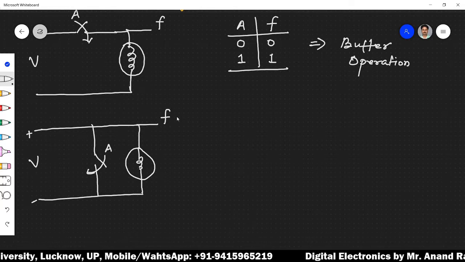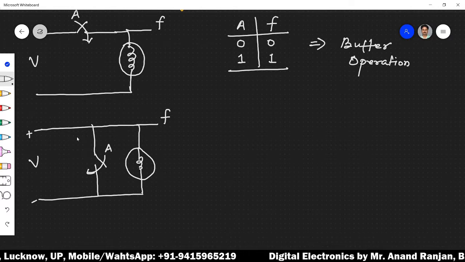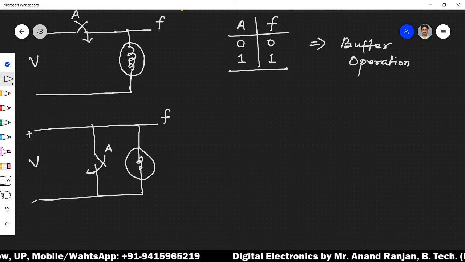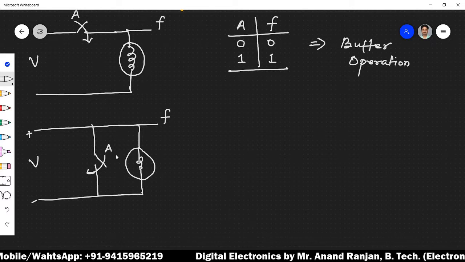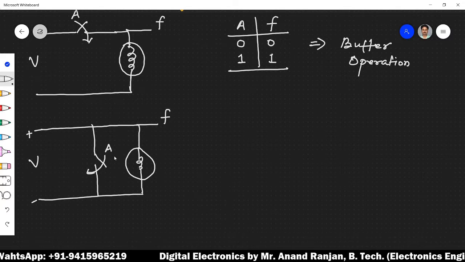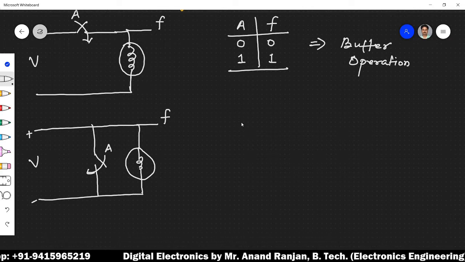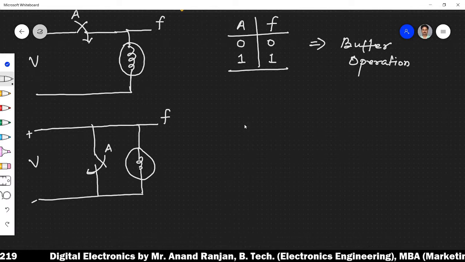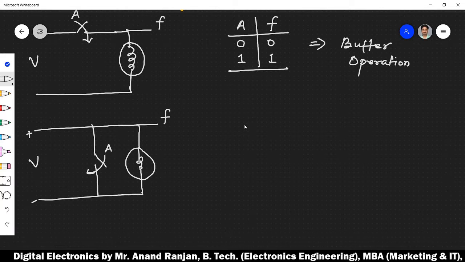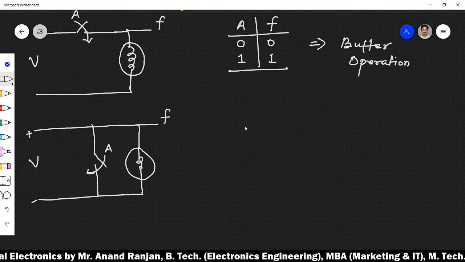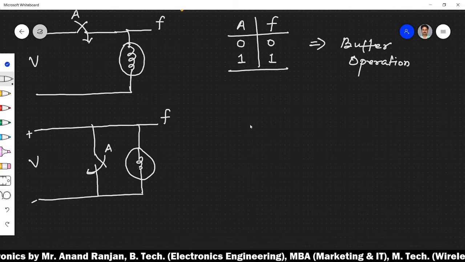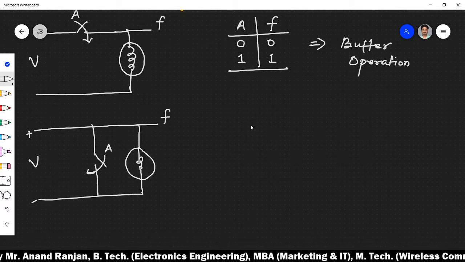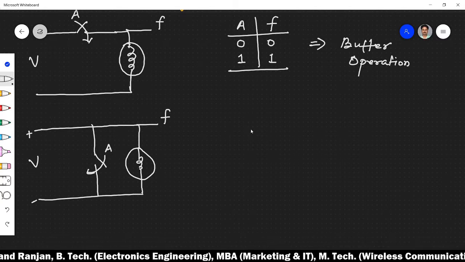So now, instead of connecting the switch in series as in the above diagram, we connect the switch in parallel. What happens if we take the switch connection A on an open and close basis? If it is open, then we will treat it as A equal to 0, and if A is closed, then we will treat it as A equal to 1.